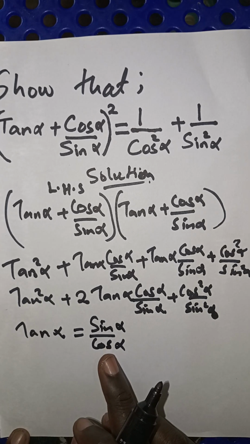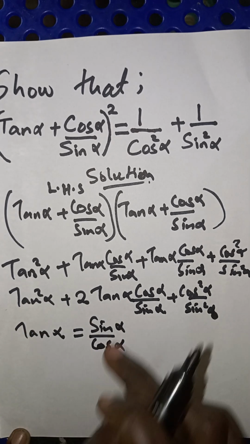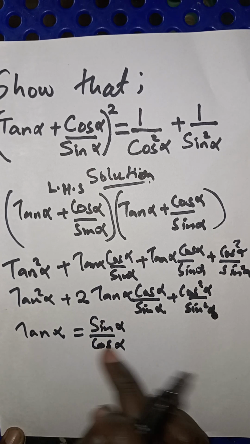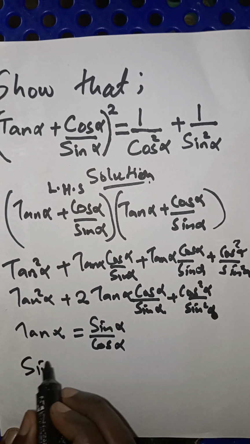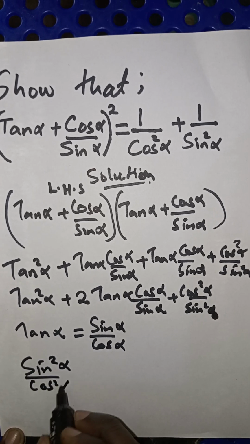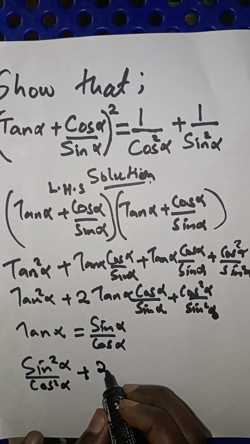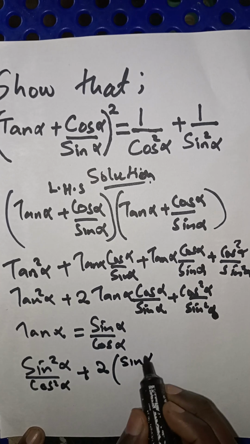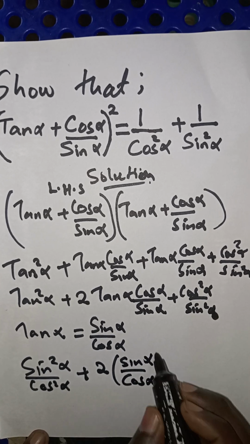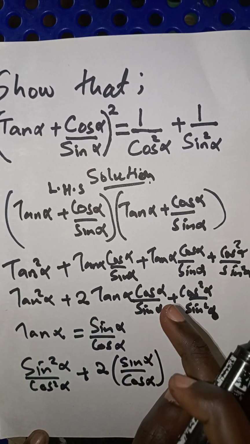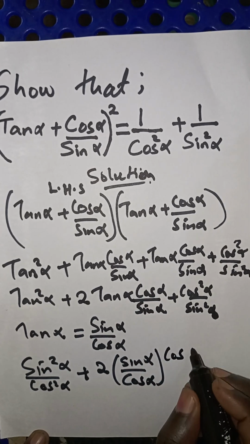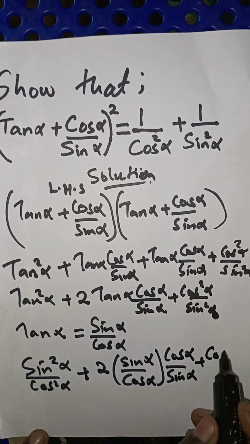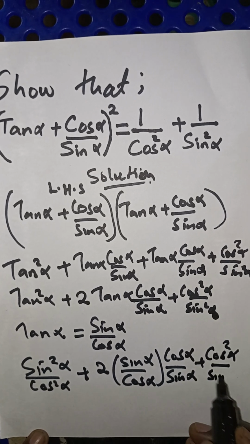Wherever I have tan, I'm going to substitute this, so that I have sine squared alpha over cos squared alpha plus 2 times sine alpha over cos alpha multiplied by cos alpha over sine alpha, plus cos squared alpha over sine squared alpha.